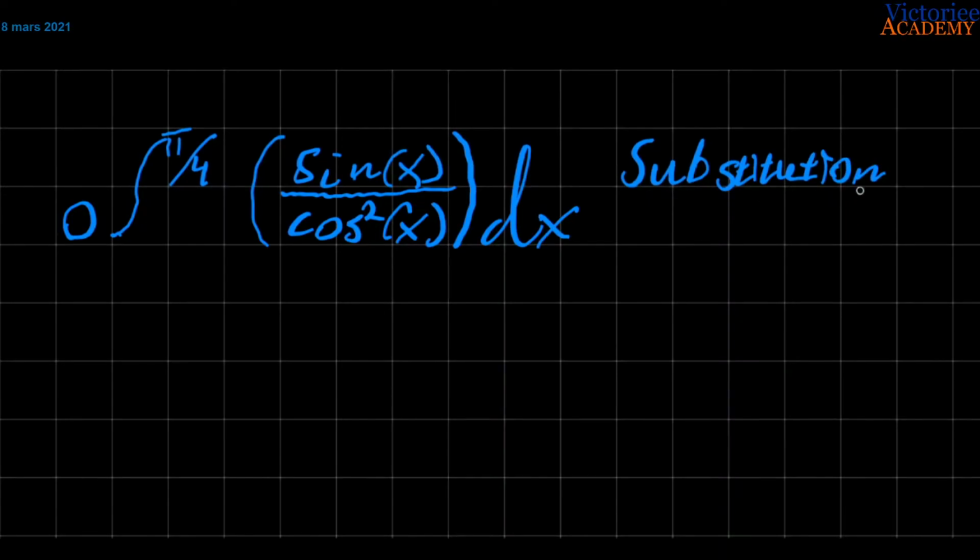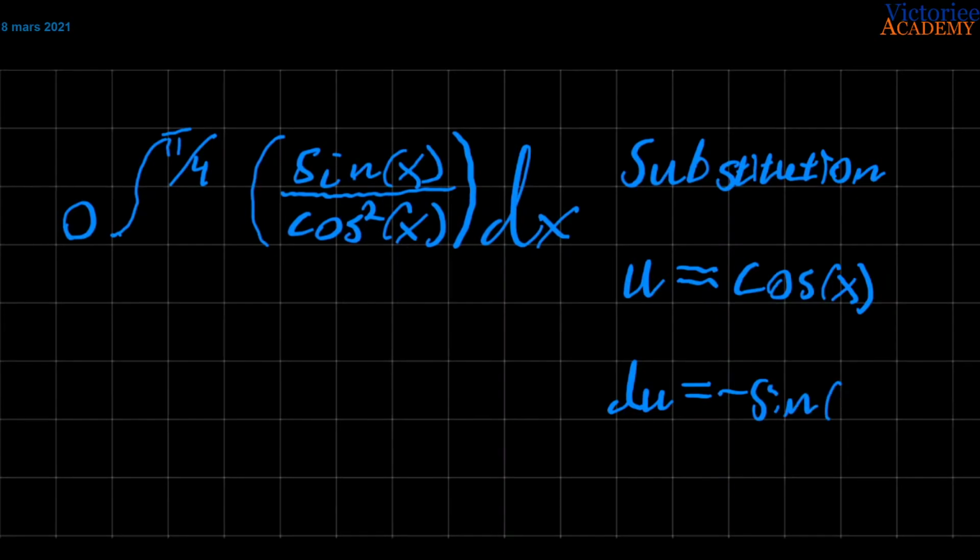We're going to make the substitution where we call u equals cos of x, and then the derivative of that is naturally du equals minus sine of x.